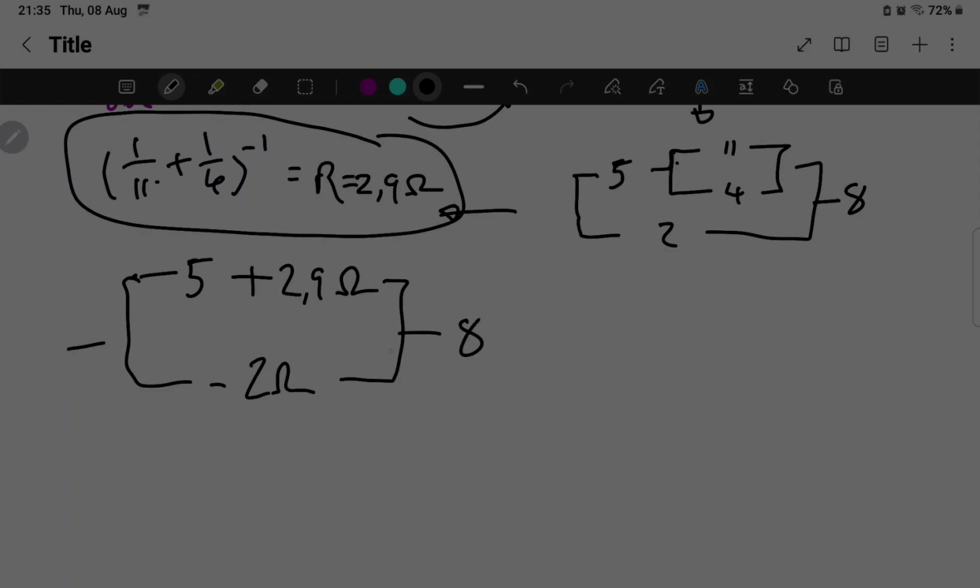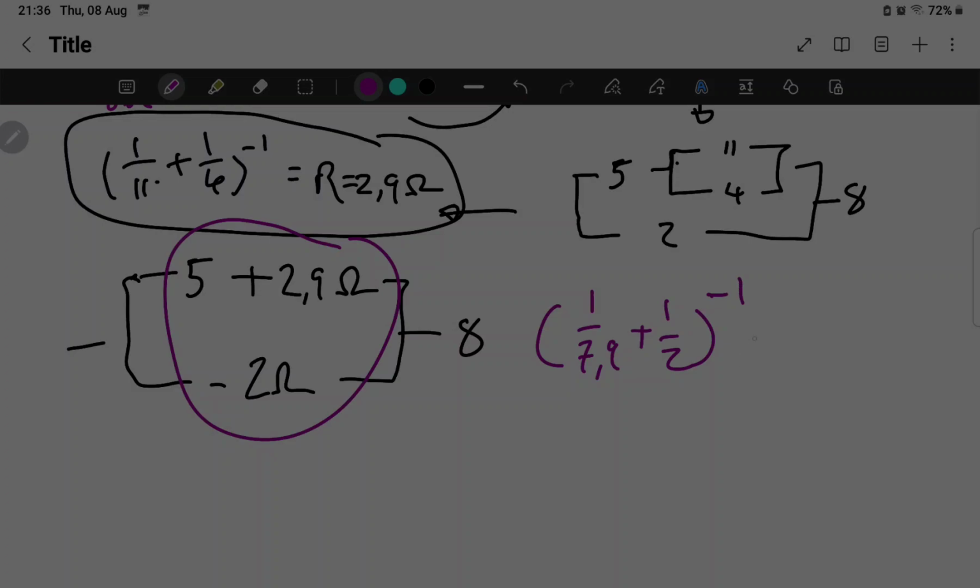So we add that: 1 over 7.9 plus 1 over 2, to the minus 1, and we have a resistor there of 1.597.